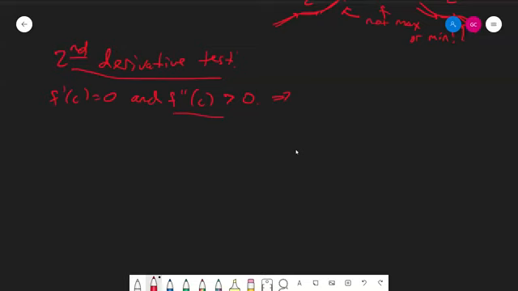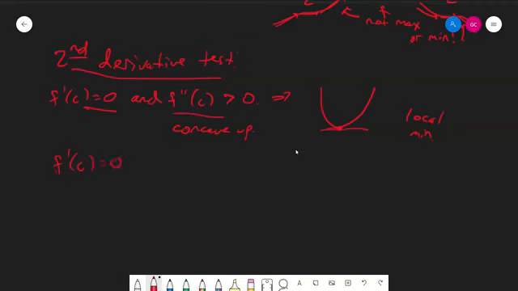And if f double prime is positive, your curve is concave up. A concave up curve looks like a parabola, or possibly just half of one. If you're somewhere on this parabola and you have a derivative of 0, the only place you have a horizontal tangent line is right here at the bottom. So if f double prime of a critical point is positive, you're sitting at a local minimum.